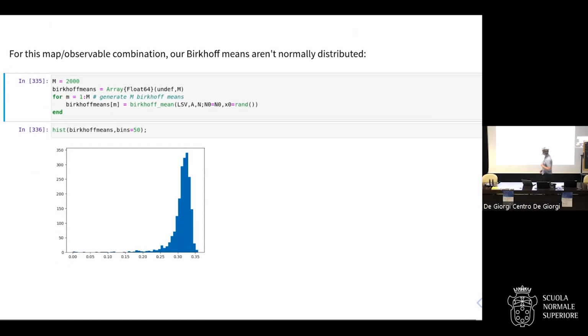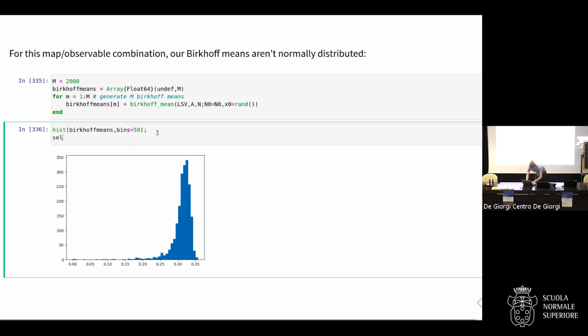What's going on there, in fact, is that our Birkhoff means are not normally distributed. So if we plot our Birkhoff means, we get something that looks like this. Theoretically, it's a Gaussian, but if you think about this as the width of the Gaussian, we should see very, very little out here. But in fact, we see a lot of points a long way away.